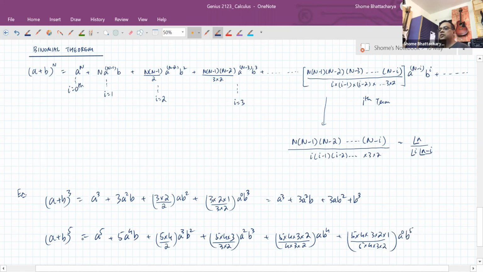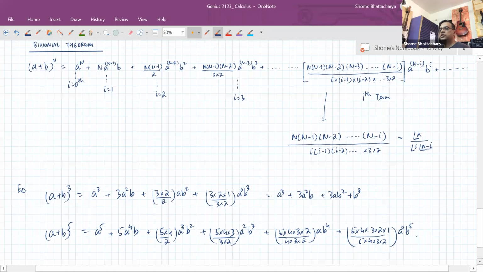So once I've reached b's power is n, the series stops when we have this kind of a term.